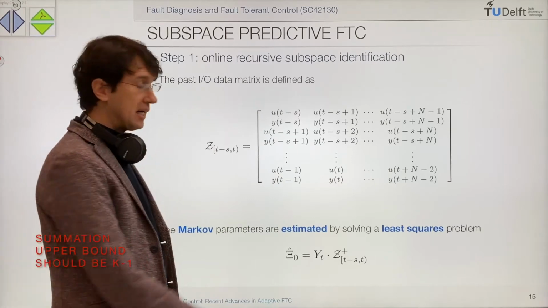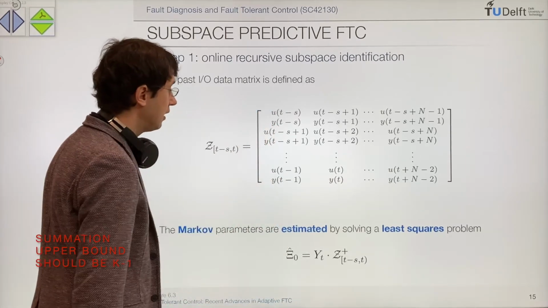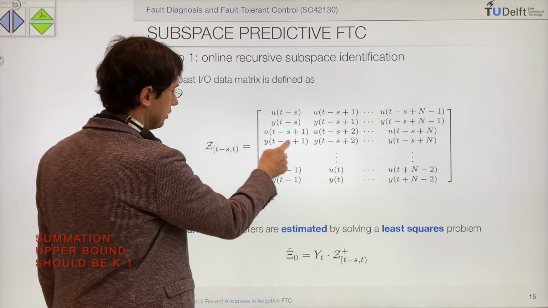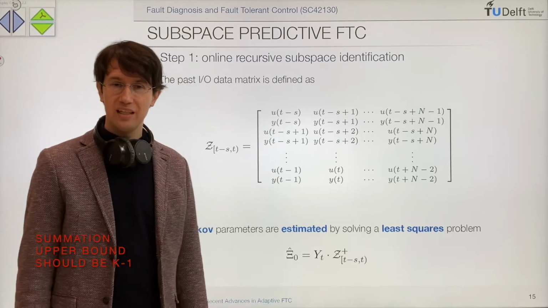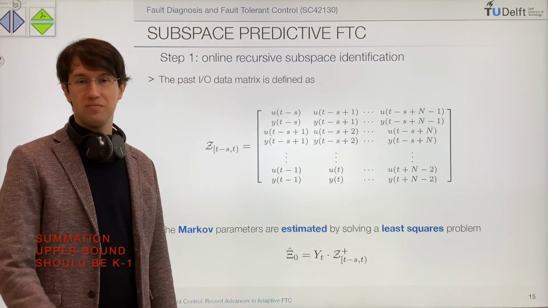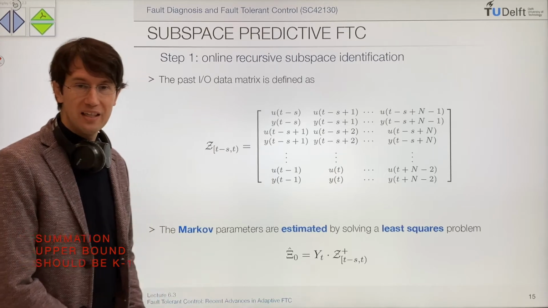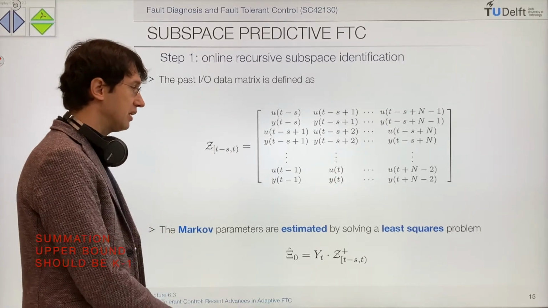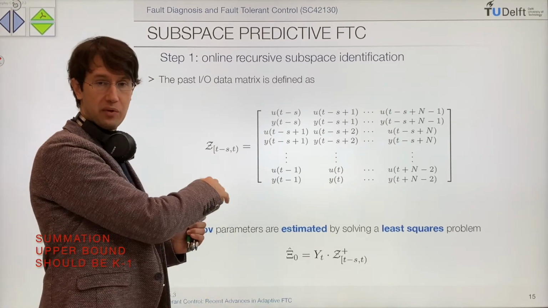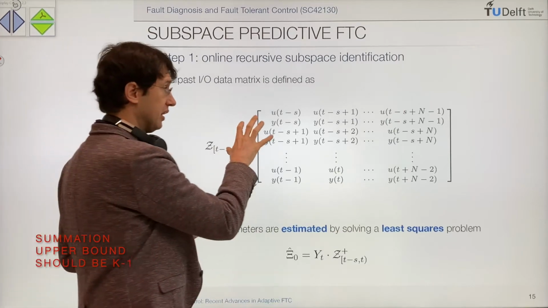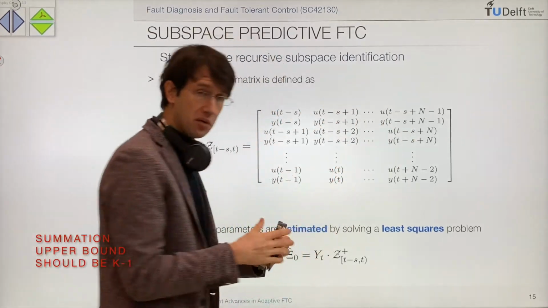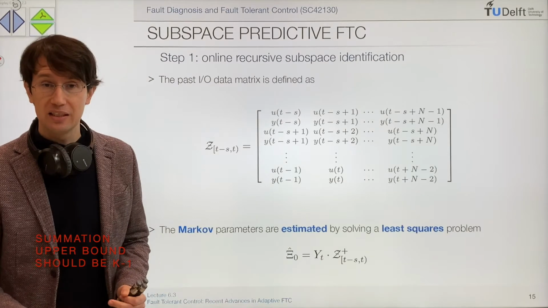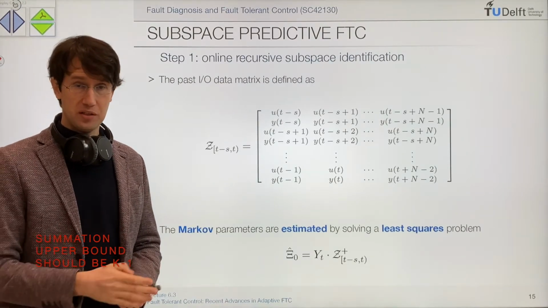You have past values of the input. You also have past values of the output. So you just need to try yourself, if you want, to expand the equation we had before using this definition of the matrix, and you will see that indeed you get the convolution sum that you need.